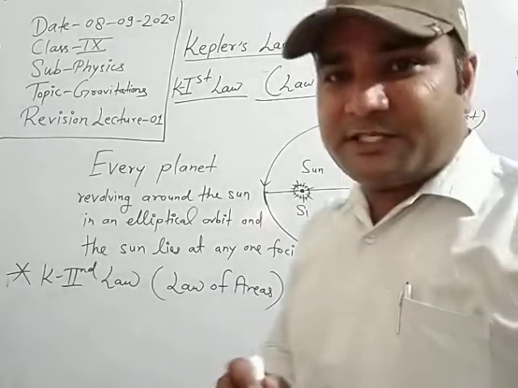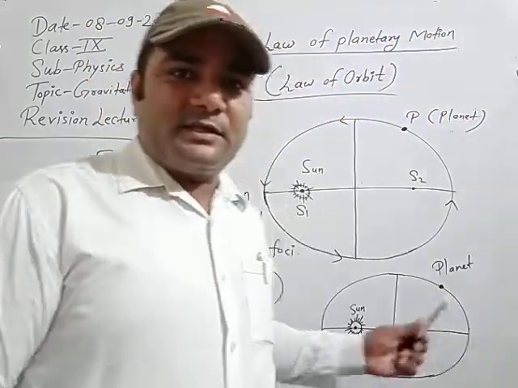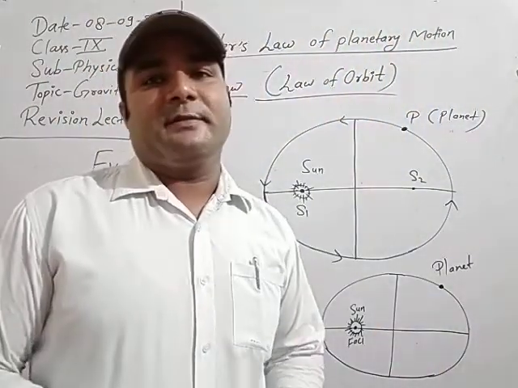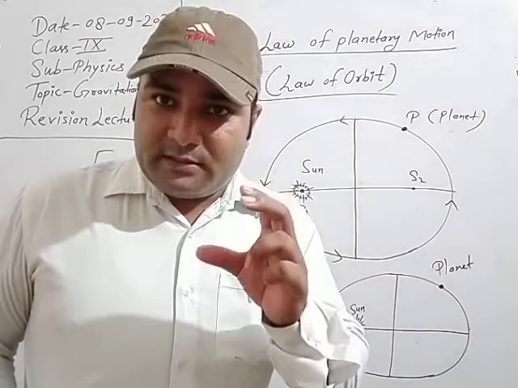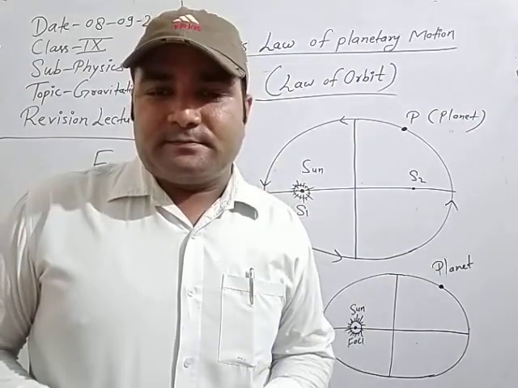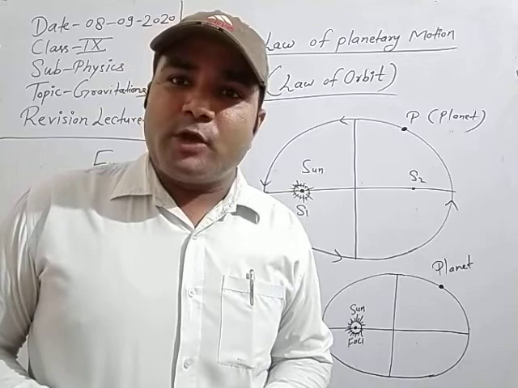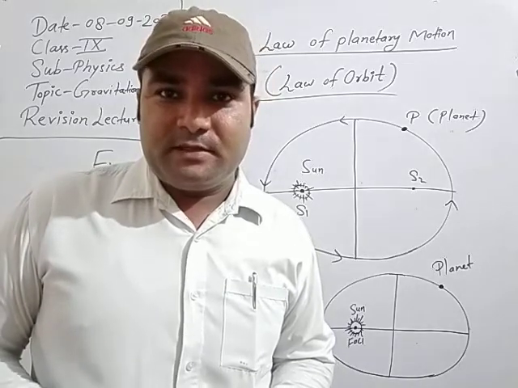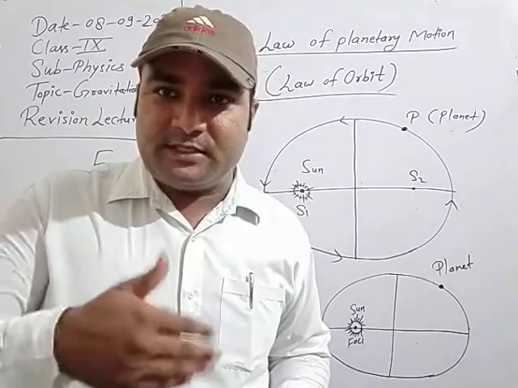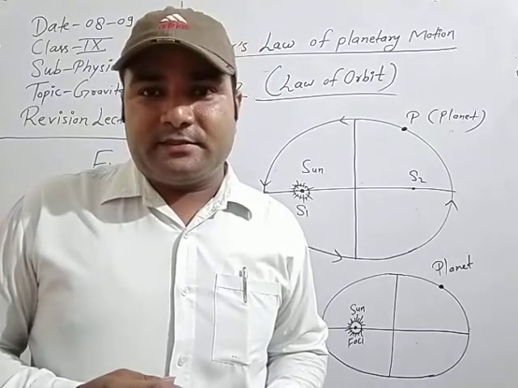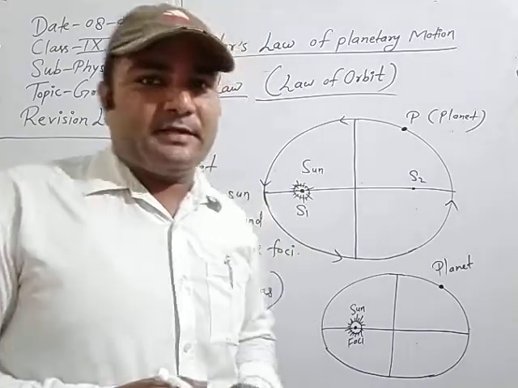First of all, listen to the statement, then we will draw the diagram and explain the remaining terms. The line joining the planet to the sun sweeps, or you can say covers, equal areas in equal intervals of time.